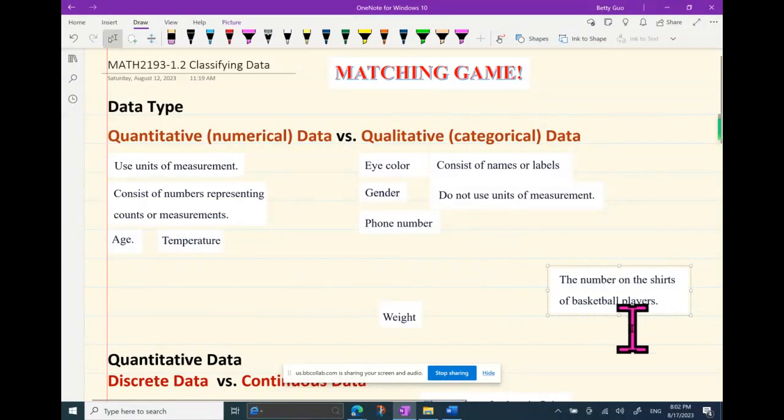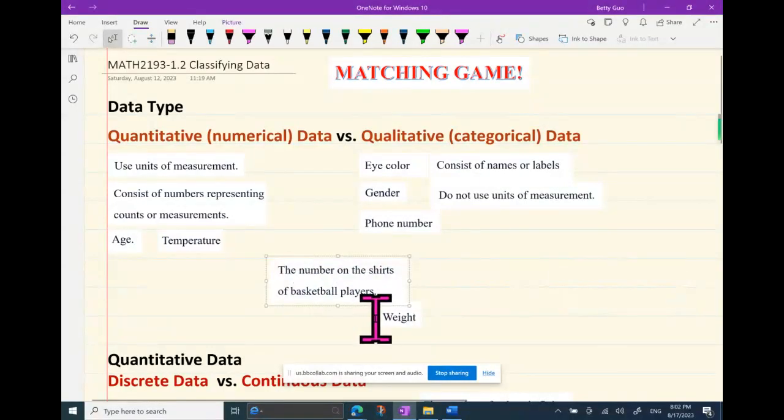What about this one? The number on the shirts of basketball players. When you watch a sports game, basketball or baseball or football, the players have numbers on the back of their shirts, right? And the announcer would say, number 11 does something. So is that data quantitative or qualitative?